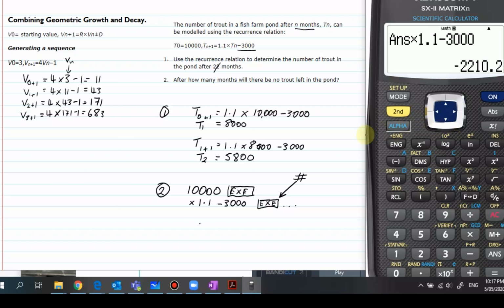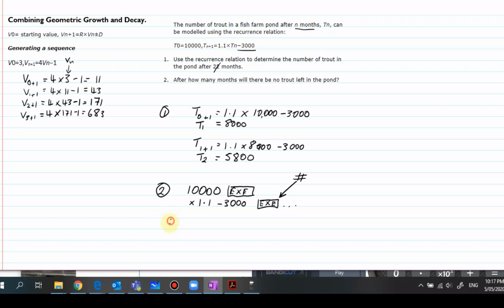We say that after five months, there'll be no fish left.